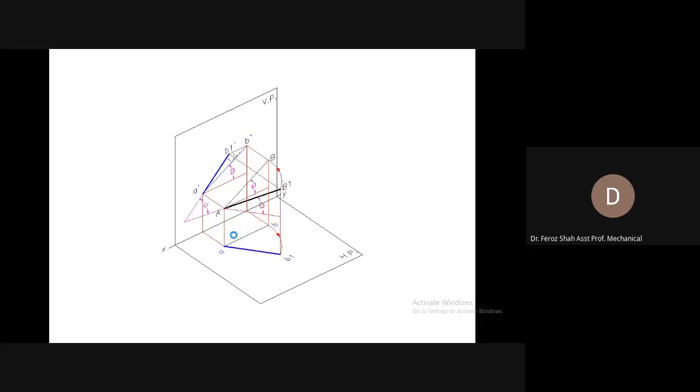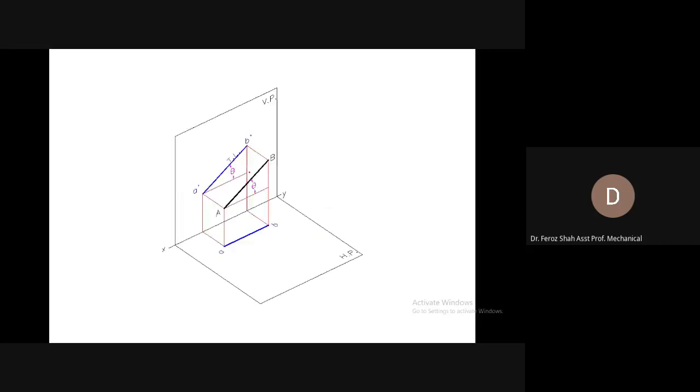So the position of the top view is a function of the true inclination with the vertical plane, that is phi. Now, the position of the top view. In this instant, the top view, which is ab, is actually parallel to the XY reference line.